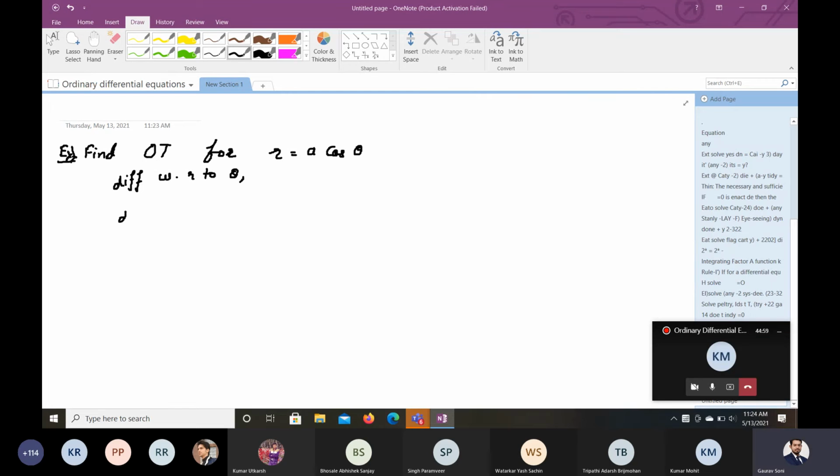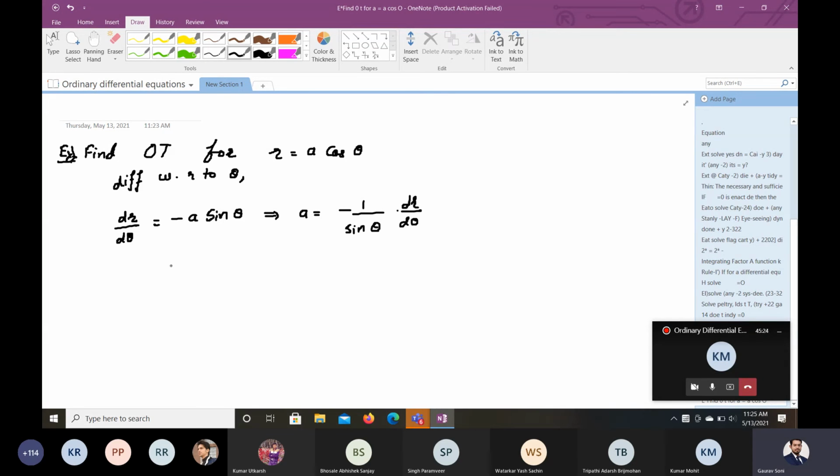We get dr by d theta is equal to minus a sin theta. To form the differential equation, I'll put this value: a is equal to minus 1 upon sin theta dr by d theta.